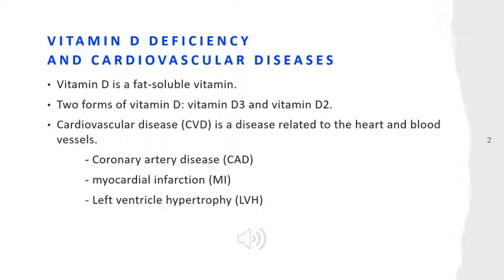Vitamin D was initially characterized as a factor capable of curing rickets, a disease characterized by bone demineralization and skeletal deformities. Vitamin D exists in two forms, vitamin D3 or cholecalciferol and vitamin D2 or ergocalciferol.